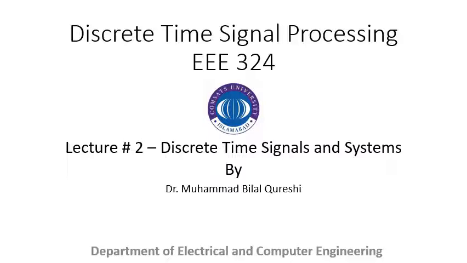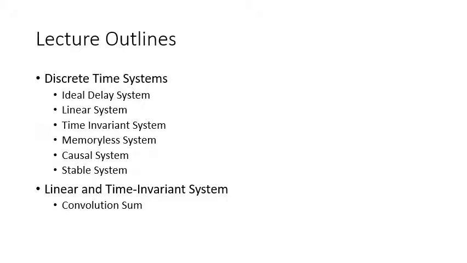So let's have a look at the outline of today's lecture. Previously we talked about discrete time signals, operations, and we have looked at some basic signal types. For example, unit impulse, unit step, exponential, sinusoidal. We also talked about the periodicity and aperiodicity of a signal.